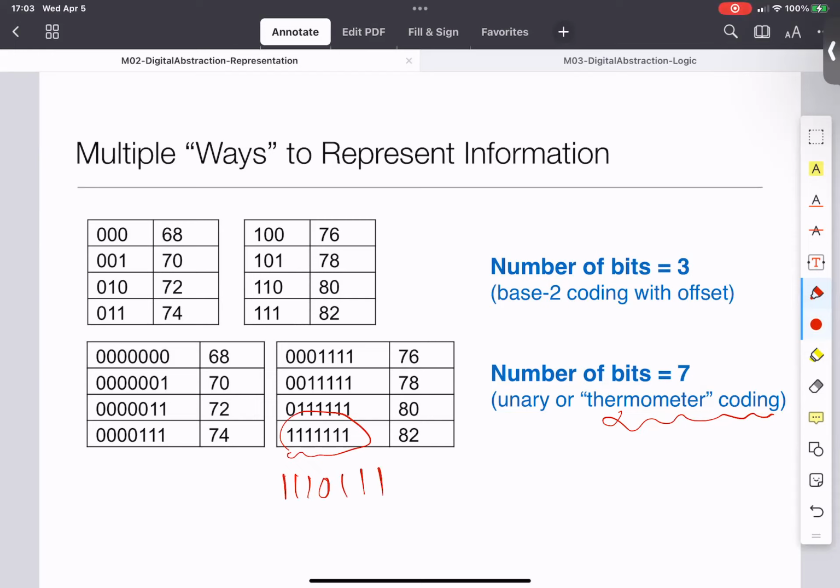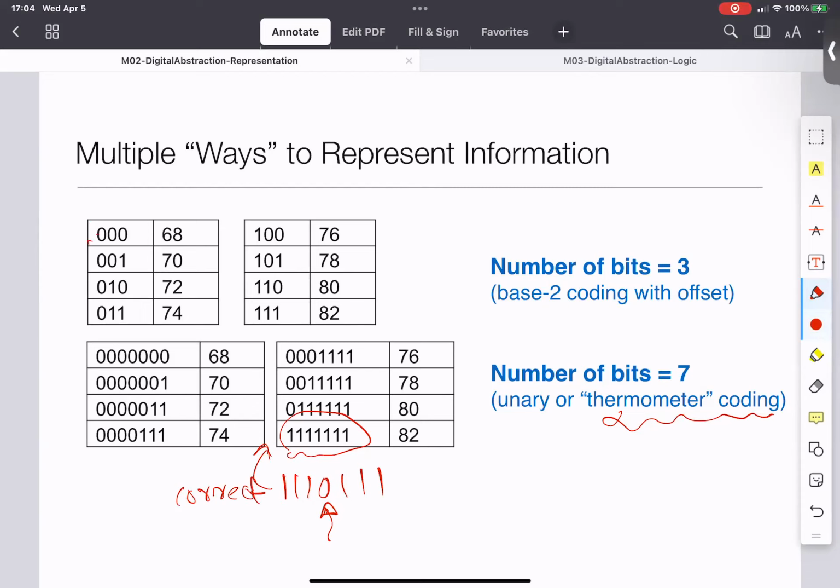Let's say a bit flipped. I immediately know that this is incorrect. It's not a feasible value, and therefore I can correct it, as long as I assume that at most one bit can flip. So I can detect errors and correct them.